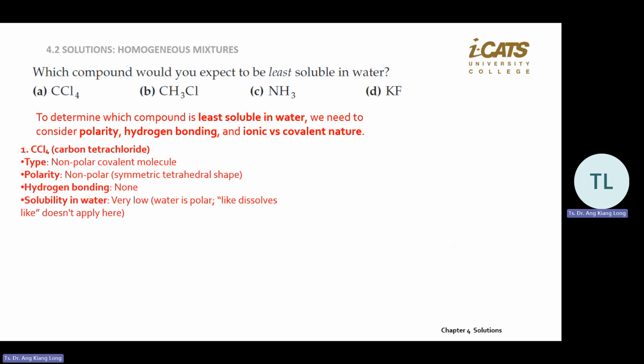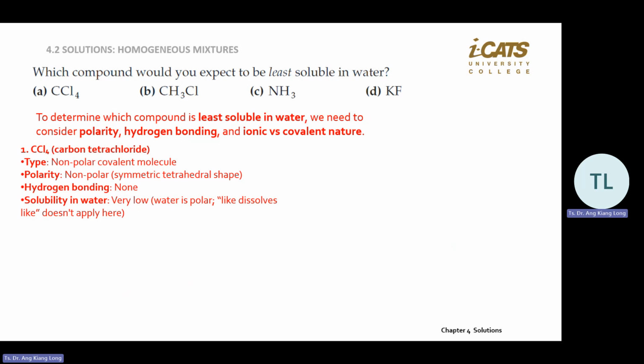For CCl4, if you refer to the chapter 1 or chapter 2 table, you draw the periodic table and the Lewis structures. You know that this is a non-polar covalent molecule. Why covalent? Because there's no metal there. C and Cl are non-metals, so they form covalent bonds.